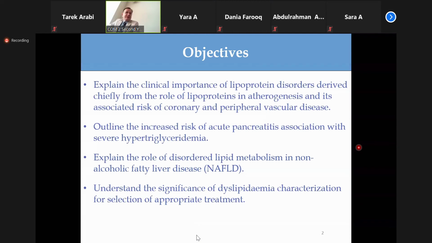These are the objectives of today's session, where we're going to be talking about lipoproteins in general, but then mainly about the association with coronary and peripheral vascular diseases. I know this is endocrine block, so you're going to ask me, well, this is cardiovascular.